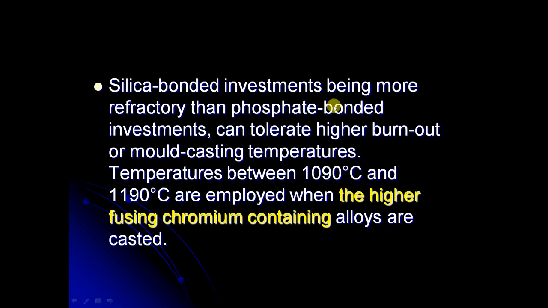Silica bonded investment, being more refractory than phosphate bonded investment, can tolerate higher burnout or mold casting temperatures between 1090 and 1190 degrees Celsius, or you can say up to 1200, which are employed when the higher fusing chromium containing alloys are casted.